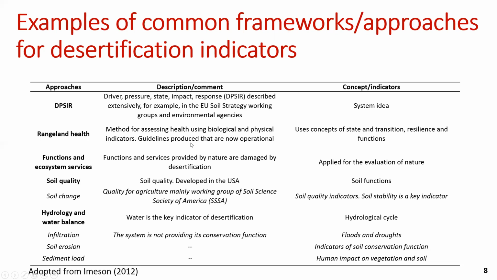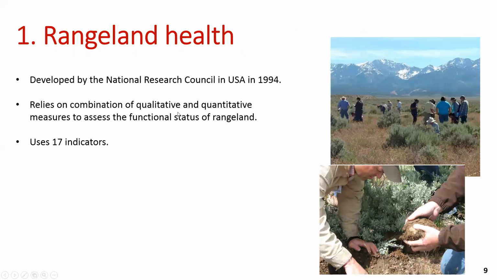For example, I'll give you the first one, the rangeland health. The rangeland health is basically used to assess the health of rangeland using biological and physical indicators. And if you look at this one, it looks like this.